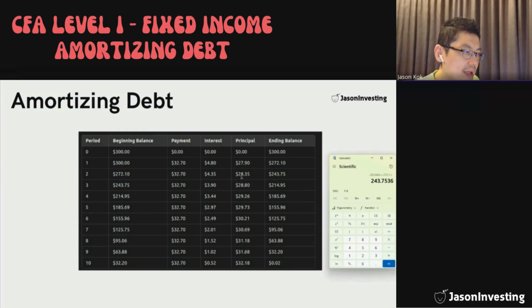So as you pay off lesser and lesser, as the interest component decrements because of the reducing principal, keeping the payment the same as a fixed amount, your principal repayment will naturally increase. And just doing this based on the formula that we've seen earlier, it has to approach zero.